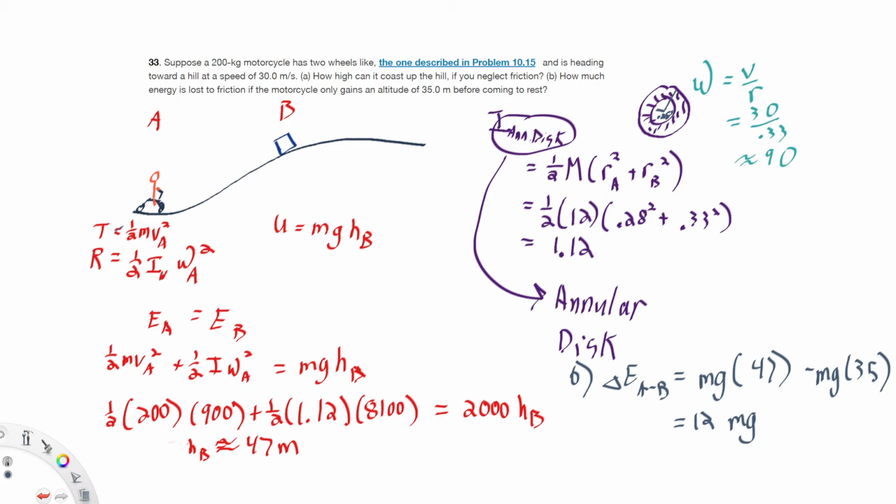So since I was running out of space, I chose a more compact form to write it down in. Right? Like this number here, this is the same as 1/2 I omega squared plus 1/2 mv squared.